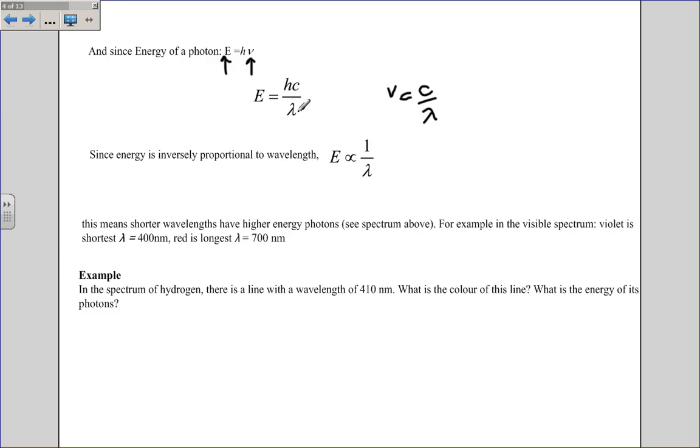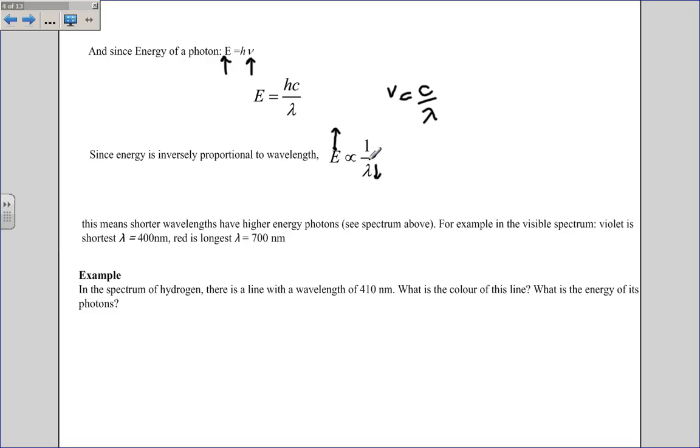And what we can see here is that wavelength and energy are inversely proportional. So as the energy is increasing, the wavelength is actually decreasing. And you can think about this if you put some numbers in your calculator.